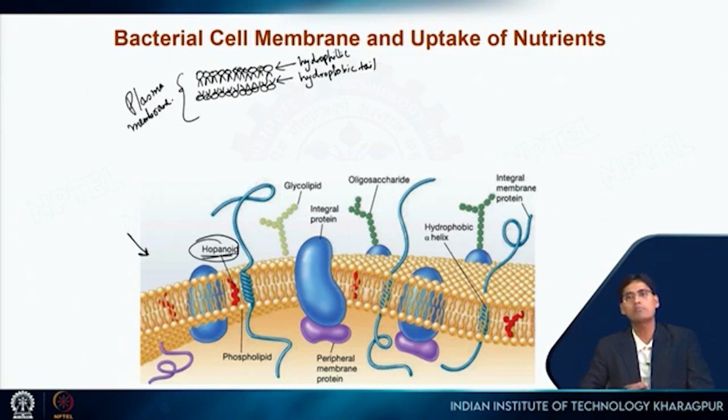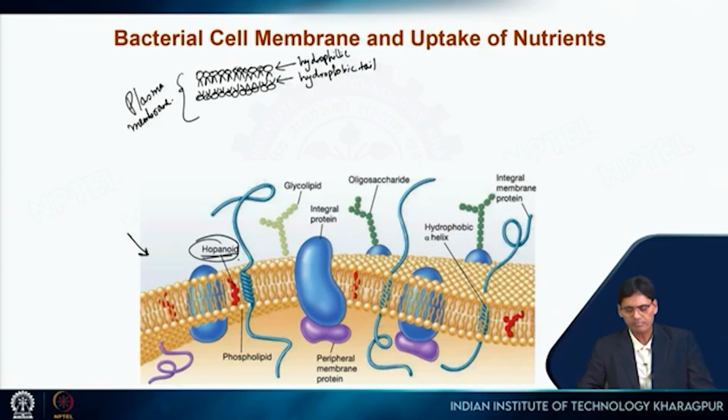For example, in our plasma membrane we have cholesterol, right? In the case of bacteria, they don't have cholesterol. Instead of sterol, they have this hopanoid. It is very similar to sterol in terms of structure, and this gives more flexibility to the membrane.